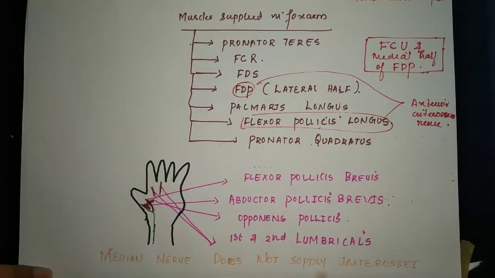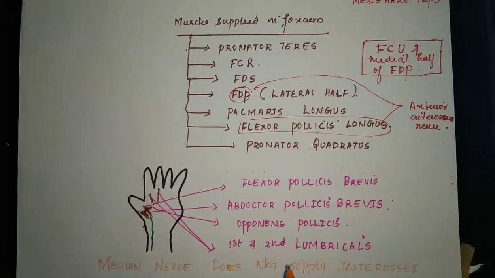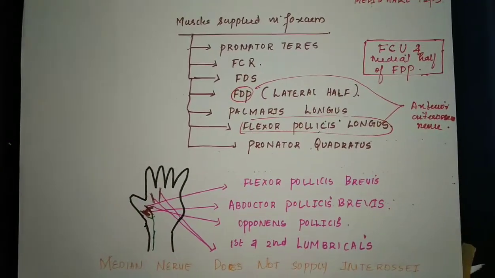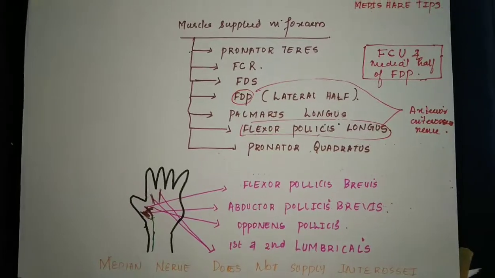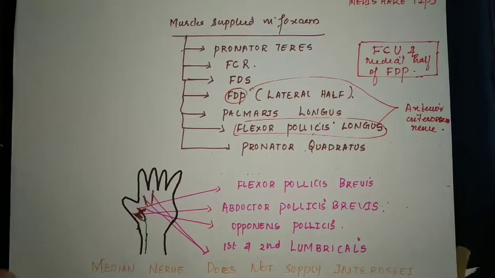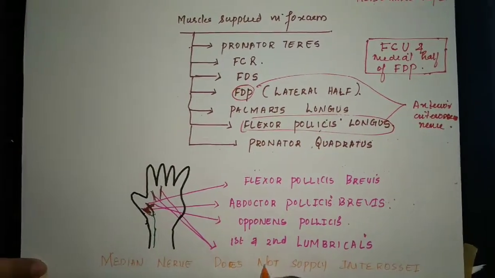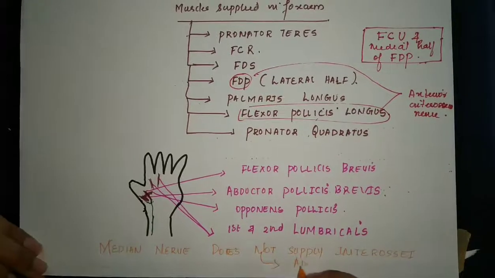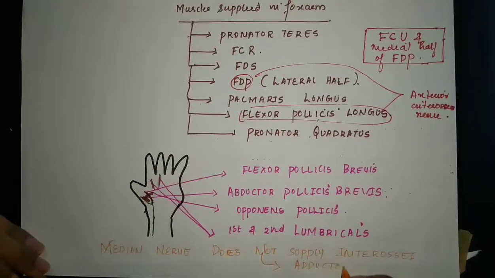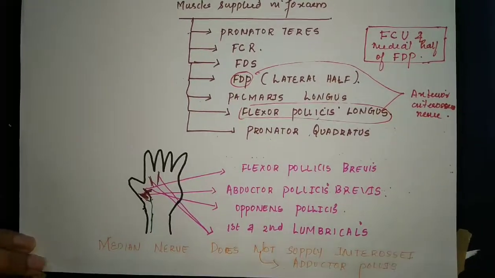The median nerve does not supply the interossei, and it does not supply the third and fourth lumbricals either. The third and fourth lumbricals are supplied by the ulnar nerve, and the median nerve does not supply adductor pollicis. Adductor pollicis is a muscle which is supplied by the deep branch of the ulnar nerve.